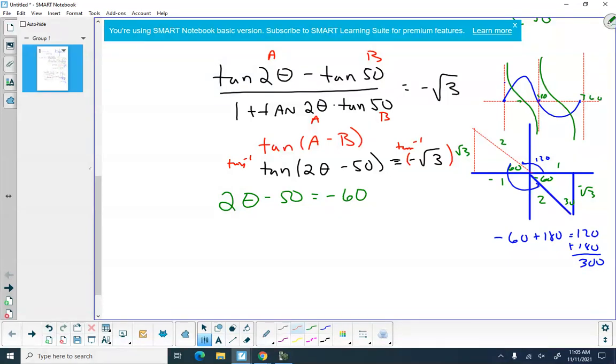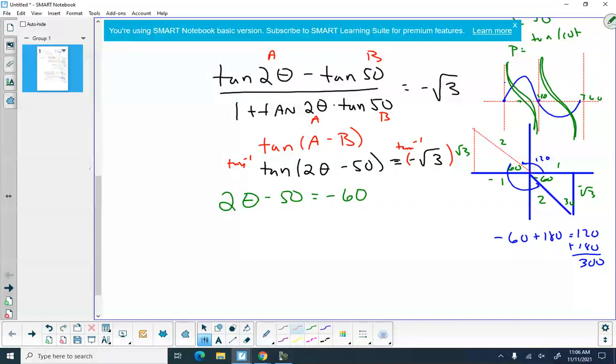If we would take a look at the period for the tangent, once again, let's go back to our definitions of the period. The period was the number of degrees in a cycle. A cycle is a point on the graph to another point on the graph where it starts to repeat itself again. If I go up here, I've done one cycle here. And at this point, I start a second cycle. For sine and cosine, the period was 360 degrees.